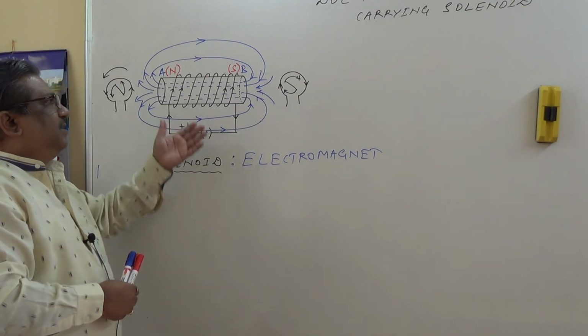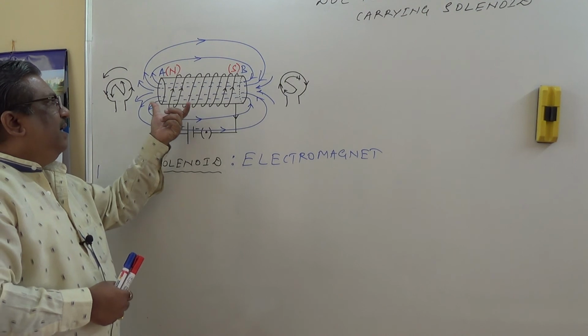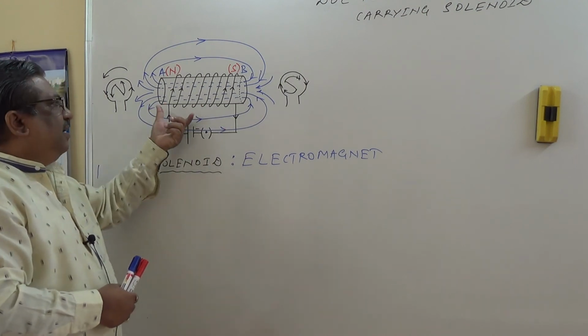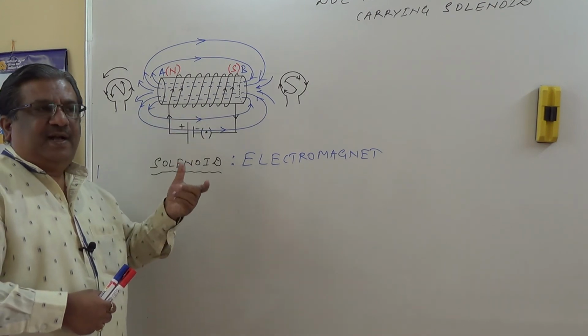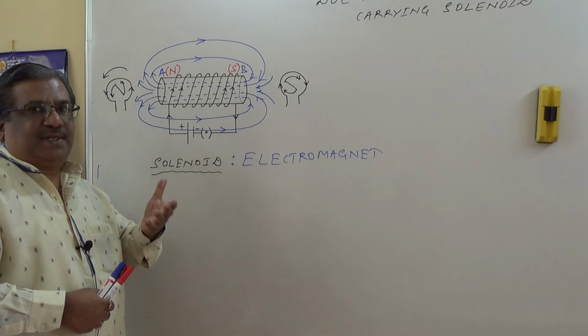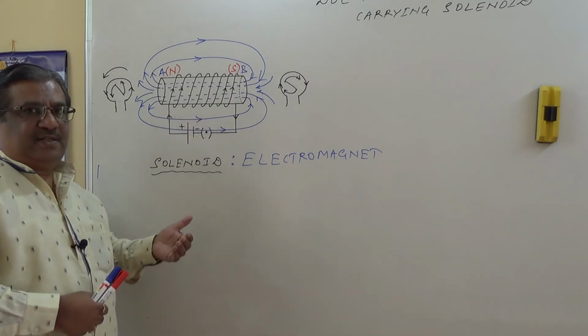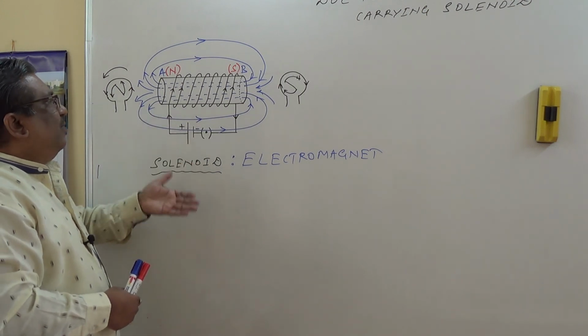How do you increase the strength? The number of turns per unit length. If I increase the number of turns per unit length, meaning in the earlier case, if there are 10 turns per 1 centimeter, I can make it 20 turns per centimeter. In that case also, the field strength can be increased, or by increasing the magnitude of the electric current, we can increase it.